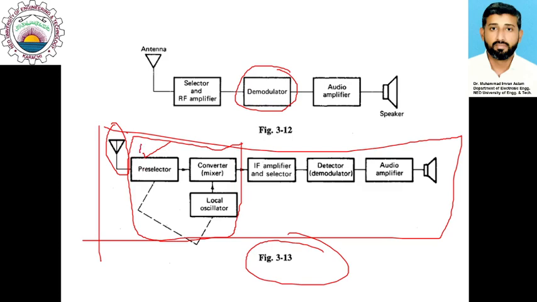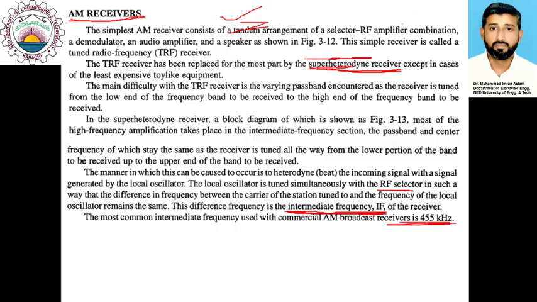First we pass our signal through a filter to extract the required information. Then we demodulate it to a stage where you have an intermediate frequency, which as I mentioned is 455 kilohertz.